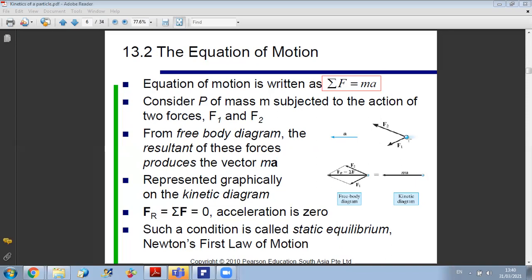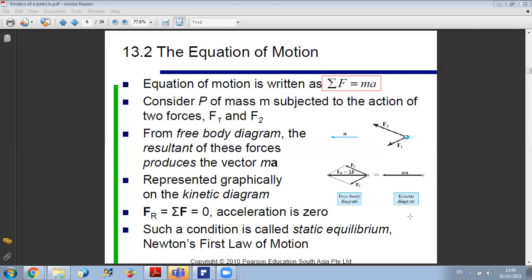When you replace the summation of forces by one resultant force, this resultant force Fr is equal to the summation of forces. So the summation of forces is equal to vector ma. The vector ma represents the kinetic diagram.